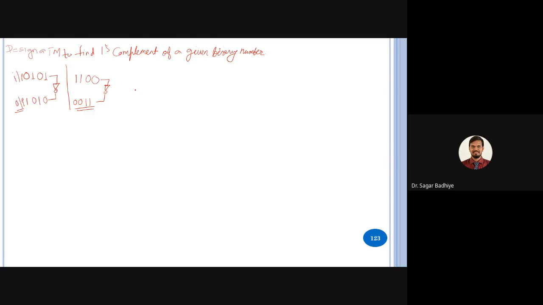Similarly, if some input is 1010, then after its complement the output should be 0101, right? So you should design a Turing machine in a way that whatever the input, it would always produce the one's complement of that input, right?